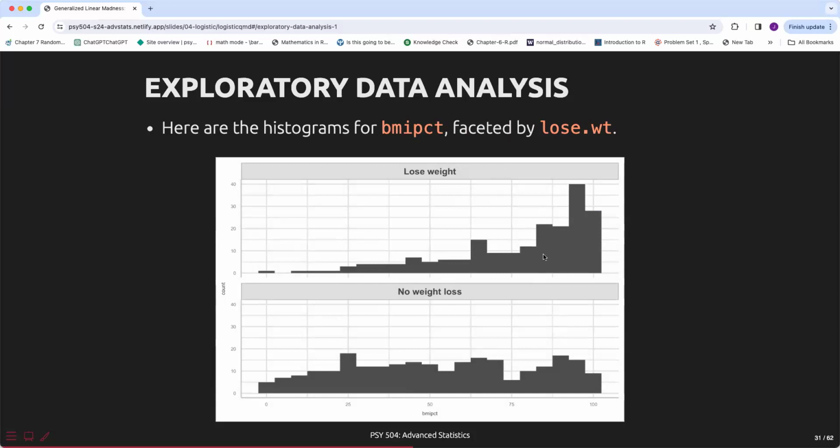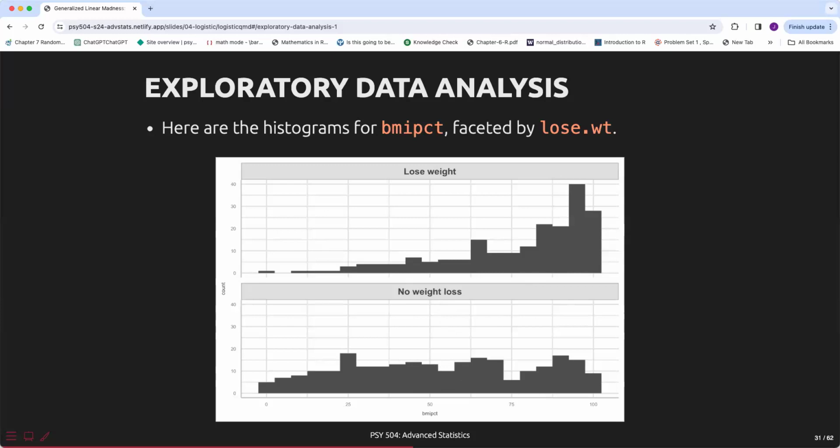Anyone want to take a guess? It's people with a high BMI want to lose weight. Yeah, essentially. People with a high BMI usually report wanting to lose weight, whereas it's almost uniform when individuals say that they don't want to lose weight. It seems like BMI doesn't really have an effect on that.